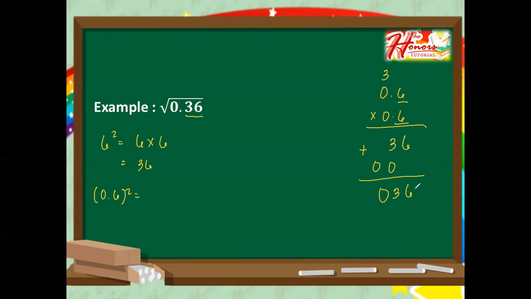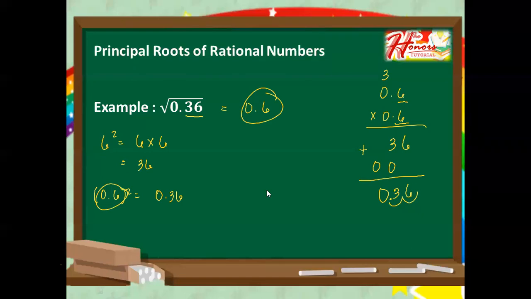So 1, 2. So move the decimal point twice from right to left. 1, 2. It matches, right? So this is 0.36, so the answer is 0.6 only. So that is how we are going to get the principal root of rational numbers.